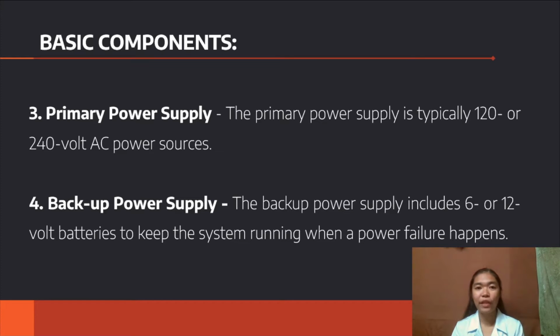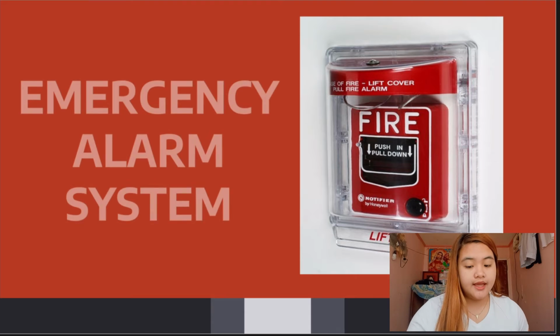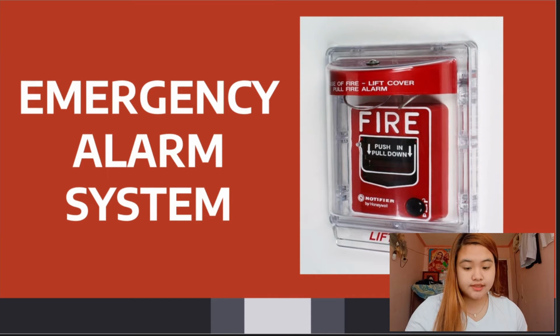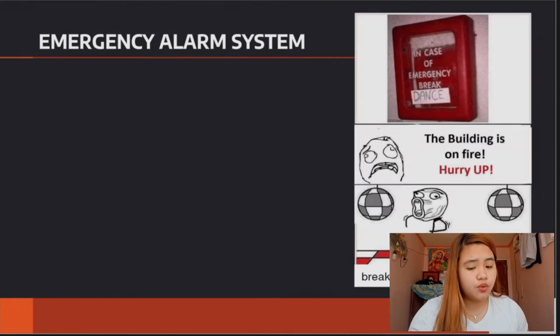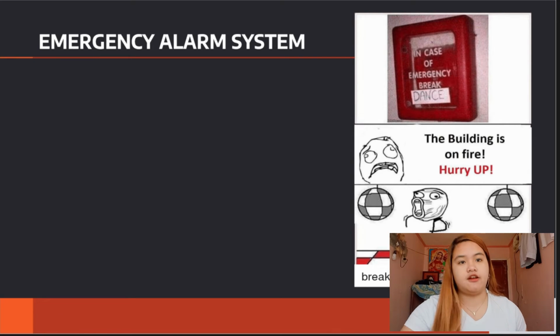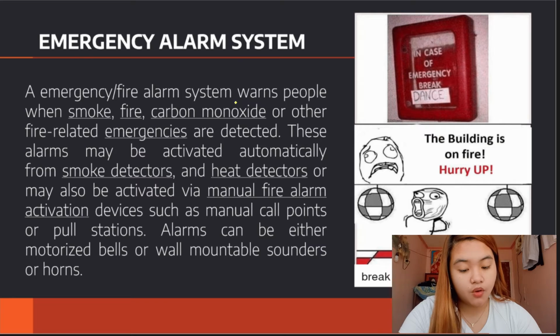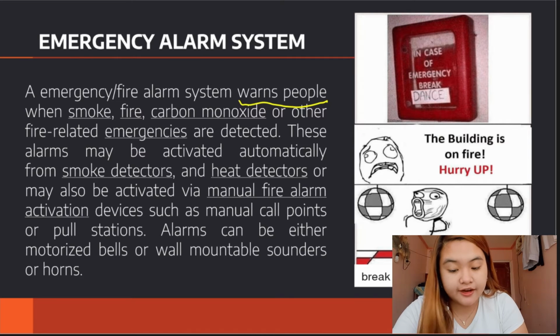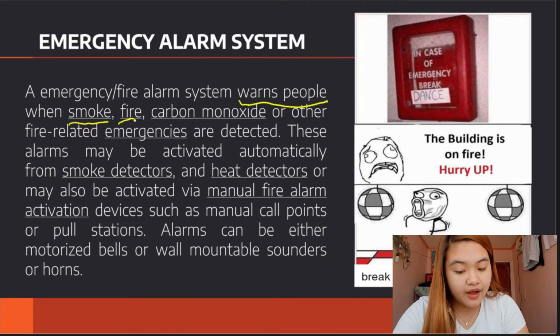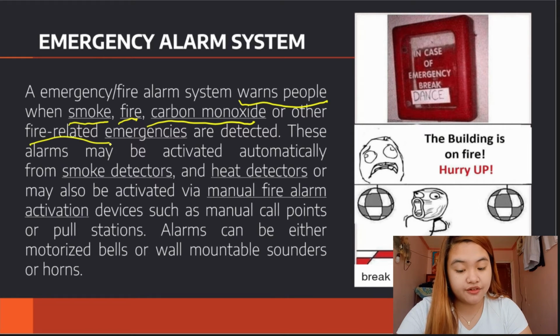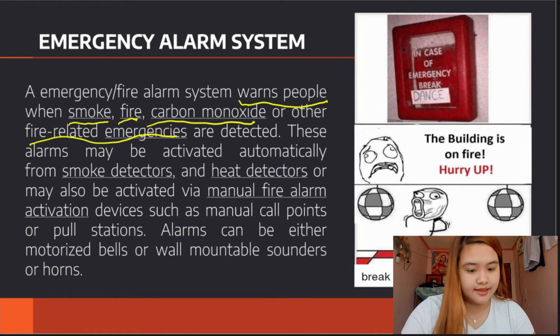So for our next topic, it is all about the emergency alarm system. So what do we mean by an emergency alarm system? An emergency alarm system warns people when smoke, fire, carbon monoxide, or any other fire-related emergencies are being detected.